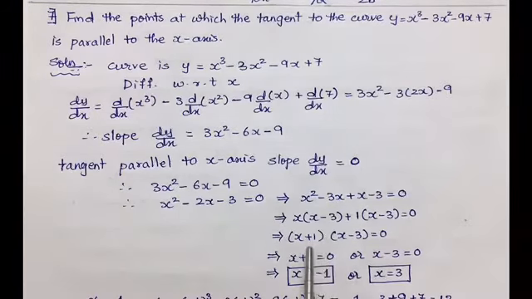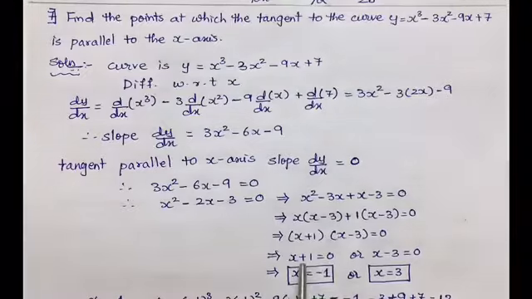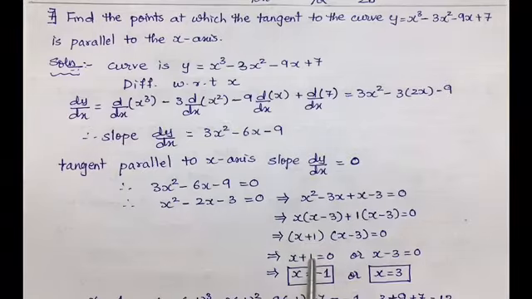So the factors will become x plus 1 and x minus 3, that will be equal to 0. So x plus 1 is equal to 0 or x minus 3 is equal to 0. So this is the complete procedure of factorizing the quadratic equation using the splitting of middle term form.